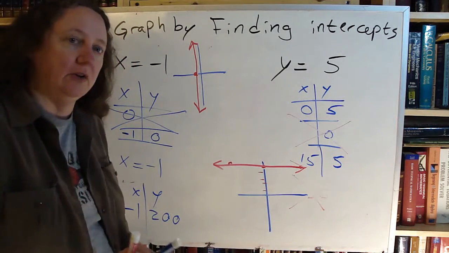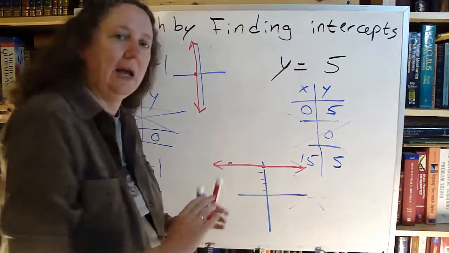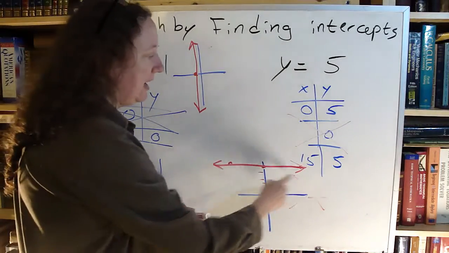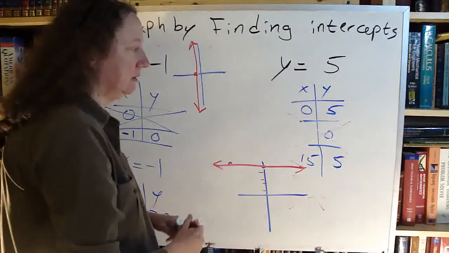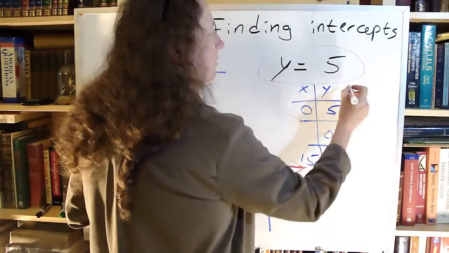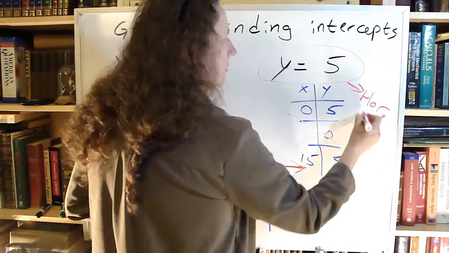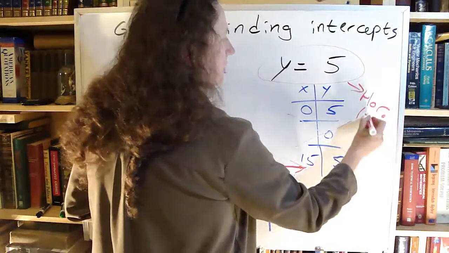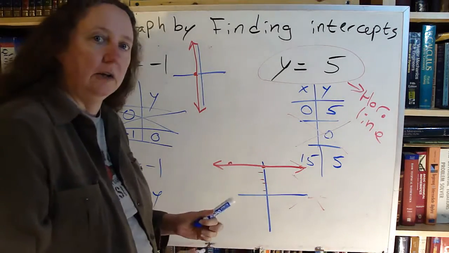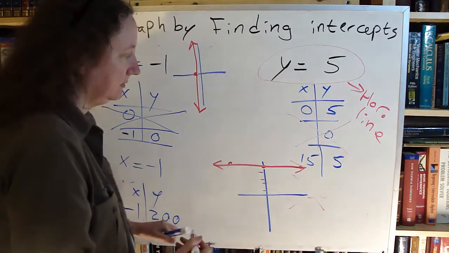So the take-home lesson from this: if you have y equals a number and x is not involved in your equation at all, you are going to have a horizontal line. So this right here is telling you horizontal line. It's also telling you that there is only one intercept, and that is your y-intercept.